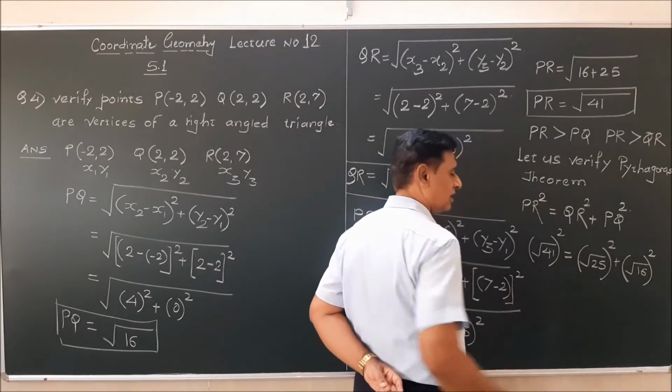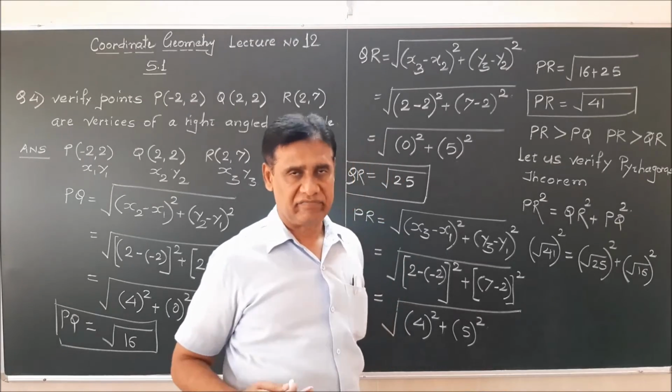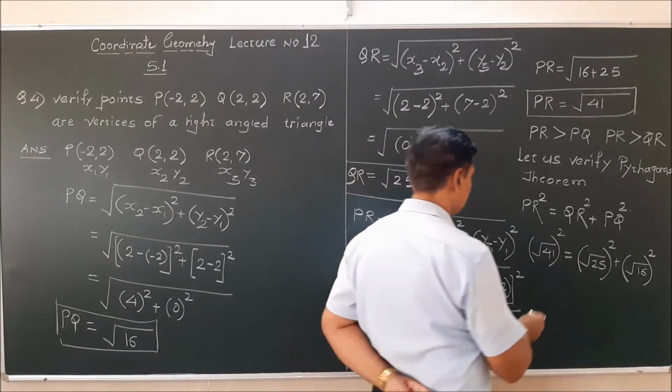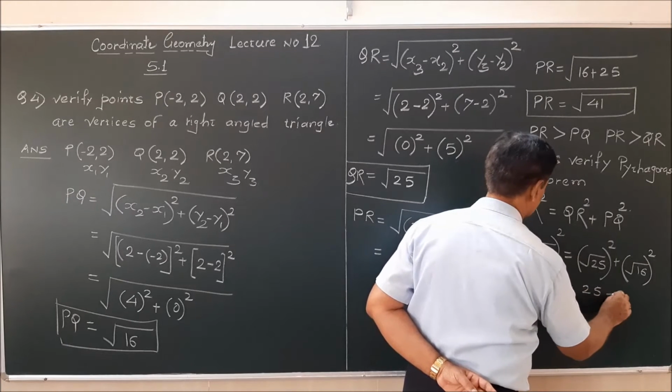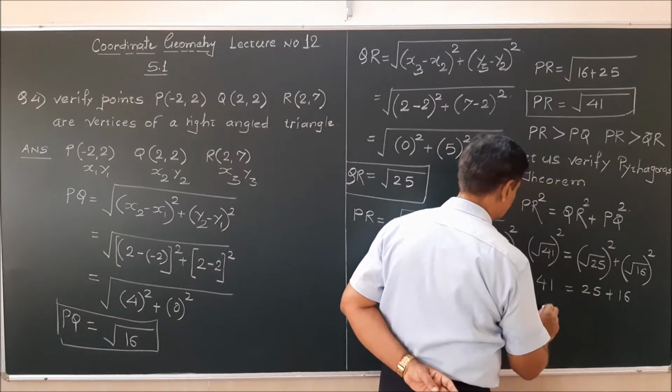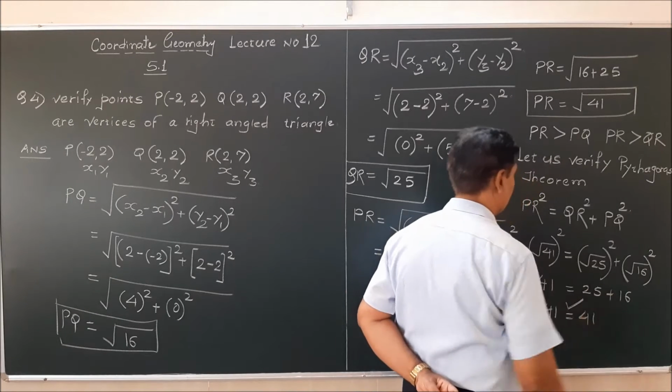That will give me, the square of any square root number is that number itself, so I'll get over here 41 is equal to 25 plus 16, and surely 41 is equal to 41.